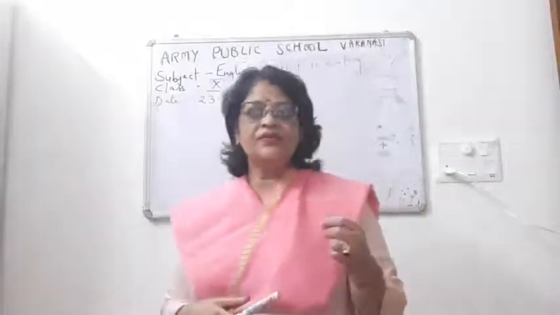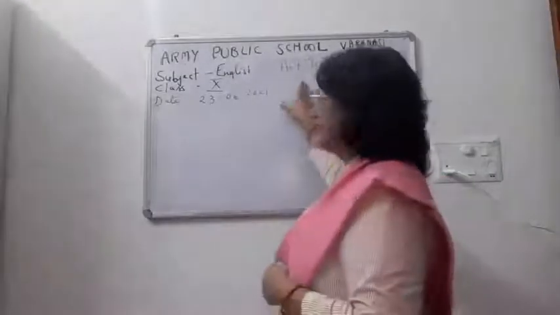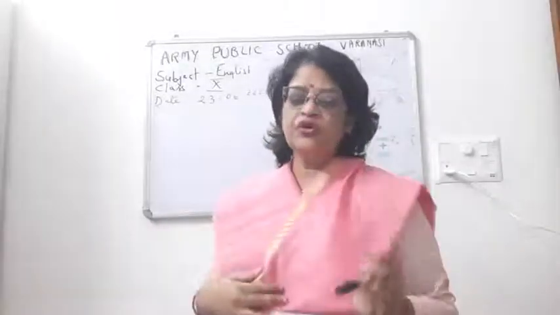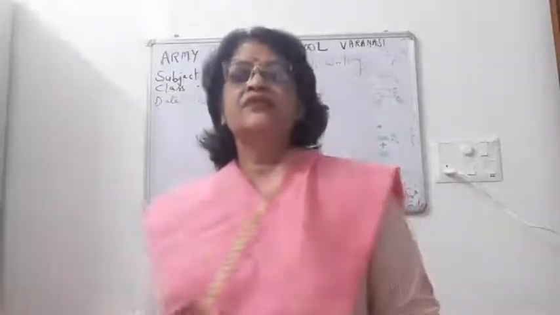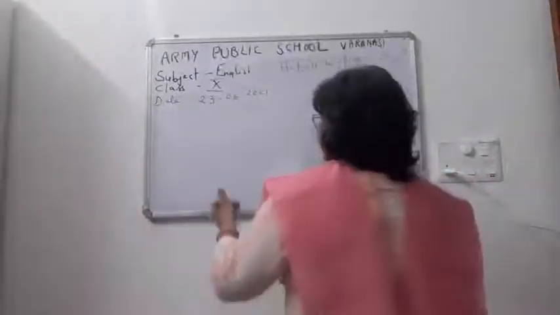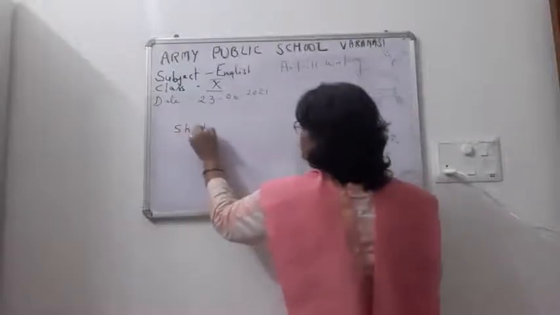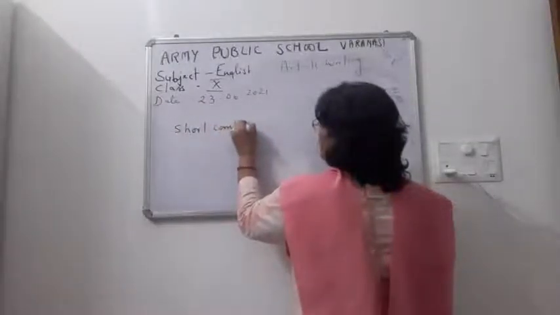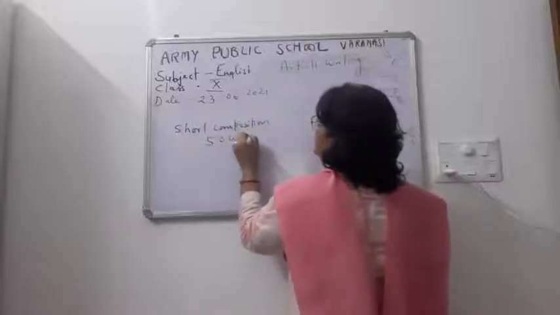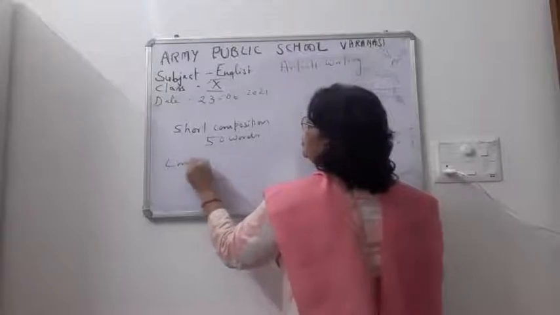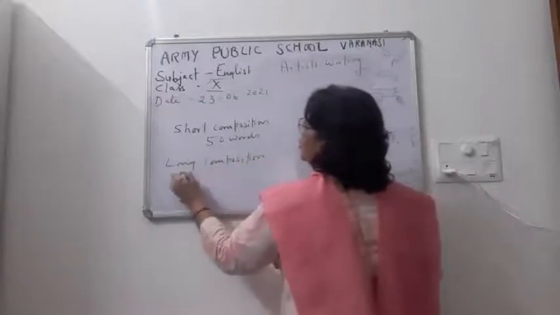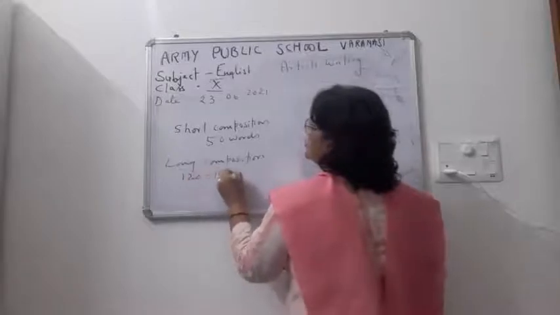Children, today we are going to do the topic article writing. This is a part of the writing section. As you all know, children, we have two types of writing: one is short composition of 50 words, and the other is long composition of 120 to 150 words.